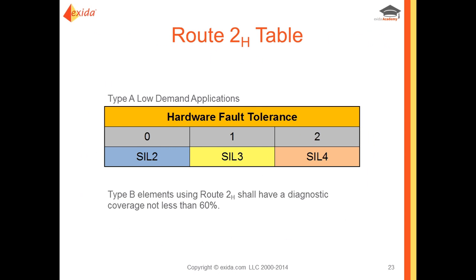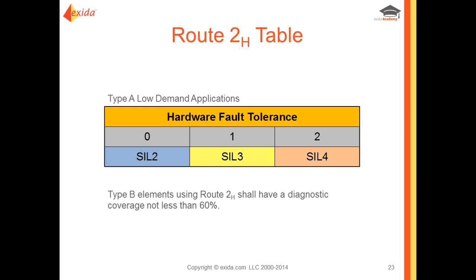So for a final element to achieve the architectural constraints of SIL 2 or higher, a hardware fault tolerance, or HFT, of 1 must be used. This means that you would have to use redundant valve assemblies.